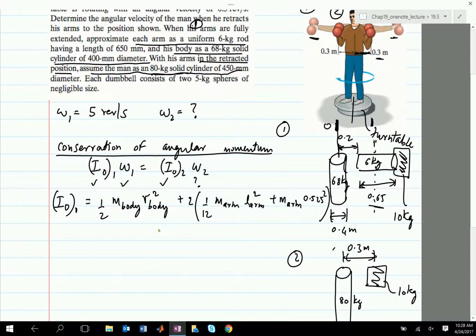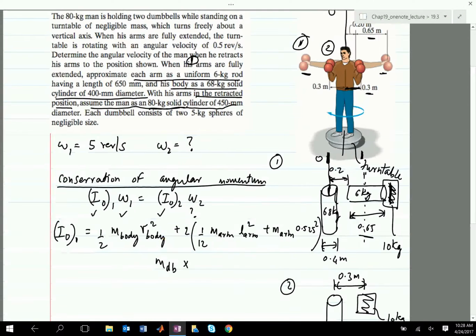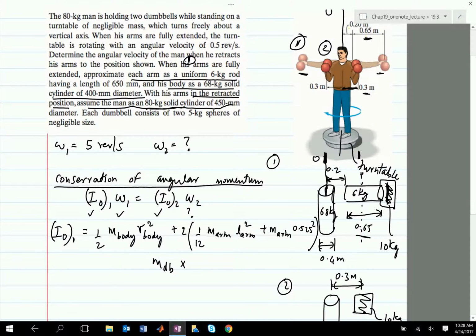So the mass of the dumbbell, I'll write it dB, times the distance. This is the distance from here all the way to the center. So that's going to be 0.65 plus 0.2, so 0.85. And since there are 2 of those, that's going to be twice.